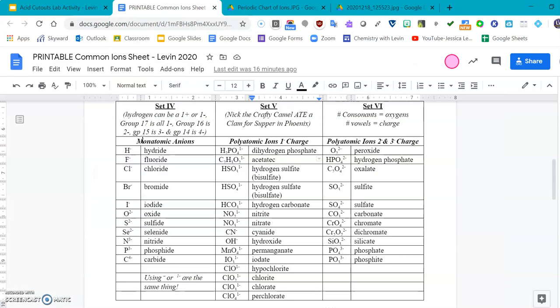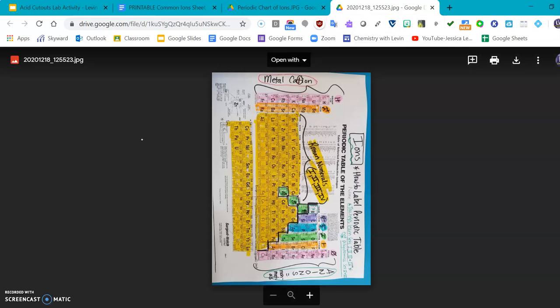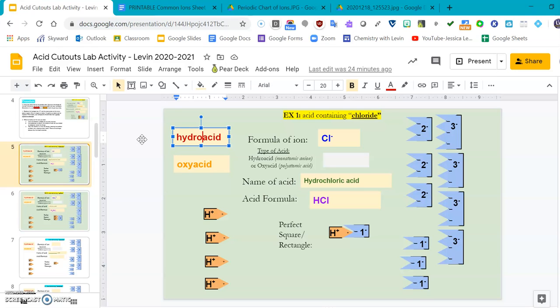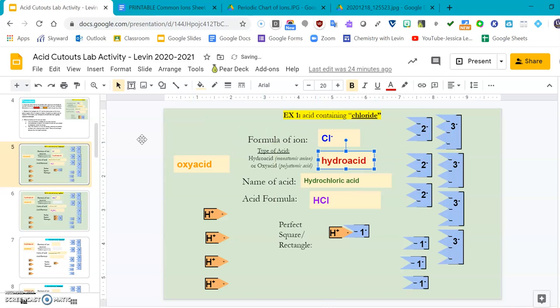Chloride is a 1 minus, or you could look over here, chlorine is a 1 minus. So either one of those two things could tell you. Since it's just an element, it's going to be a hydroacid. So you can make sure that you click on it, and then you can see how you have those little crosshairs up and over. You are going to drag that over here for the type of acid it is.